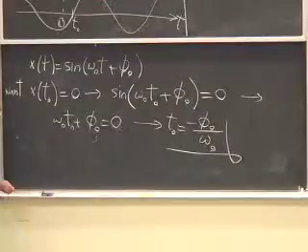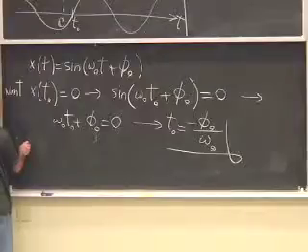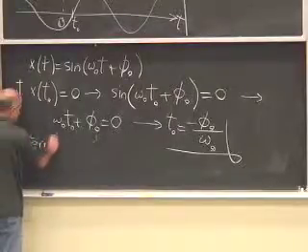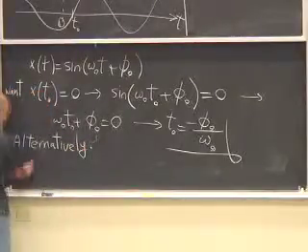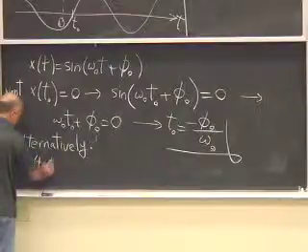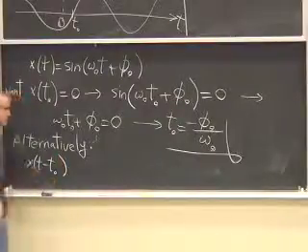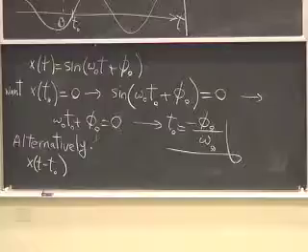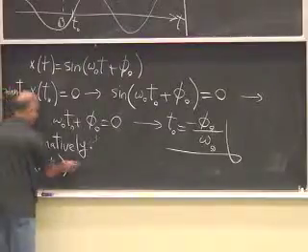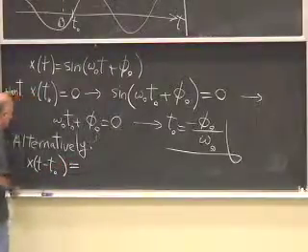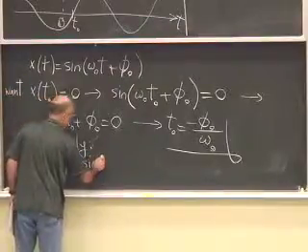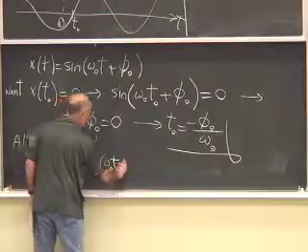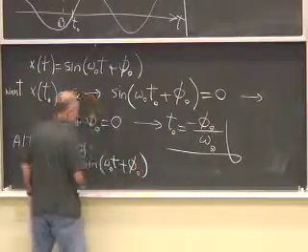Another way you can look at this is to ask yourself the question: by how much do I need to shift x to get sine of omega naught t plus phi naught?